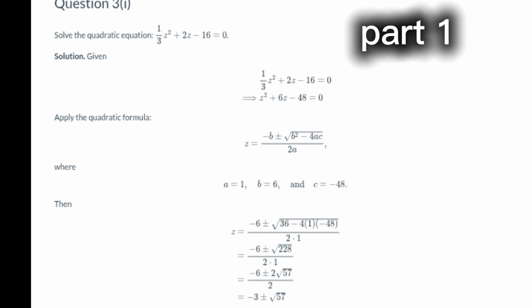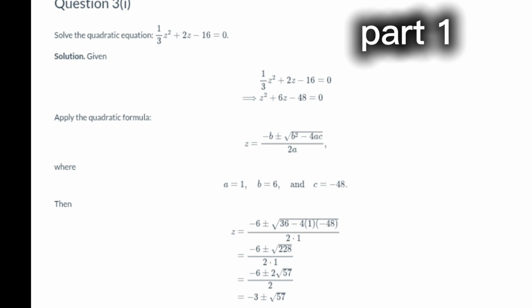Clear fraction. Multiply the equation by 2. z^2 + 6z - 32 = 0. Identify coefficients. We use the quadratic formula with a, b = 6, and c. Apply formula. The solution is... Simplify.